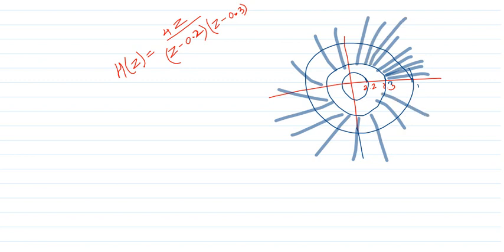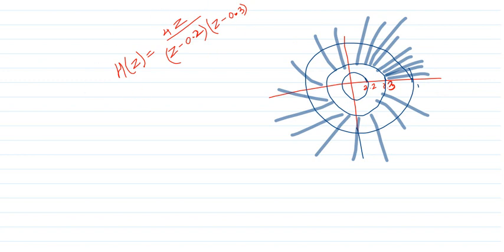This circle is 0.3, this is 0.2, and this is the unit circle. All the poles are inside the circle. What are the poles? Denominator, if I equate to 0, I will get the poles. Then if the ROC is greater than 0.3, it is touching the unit circle. Then it is here.